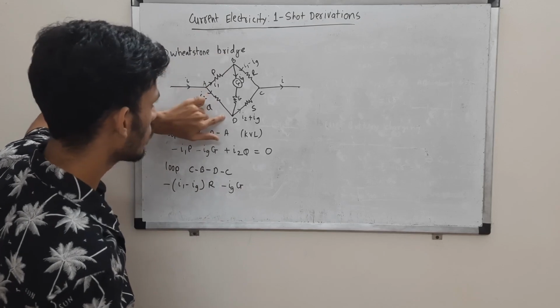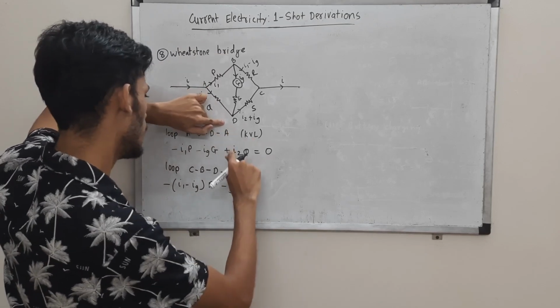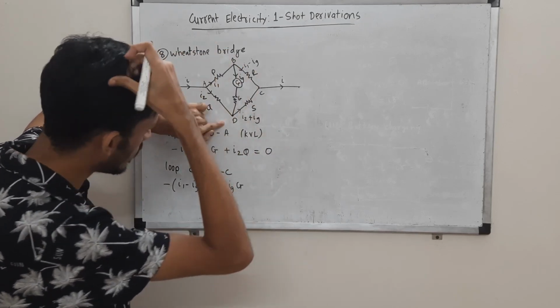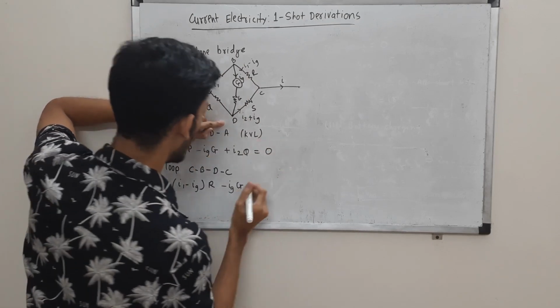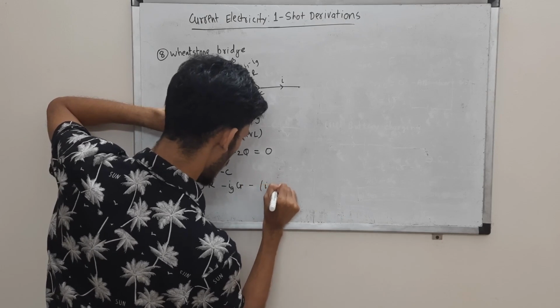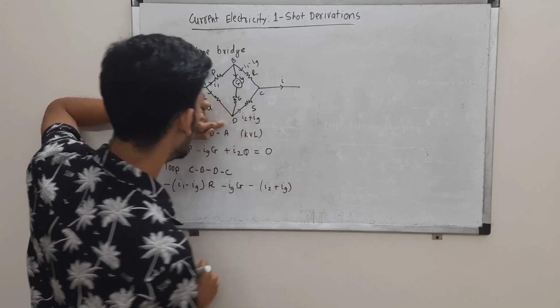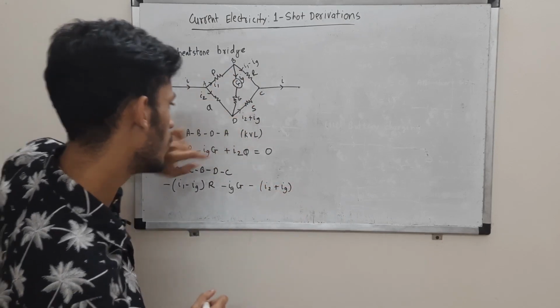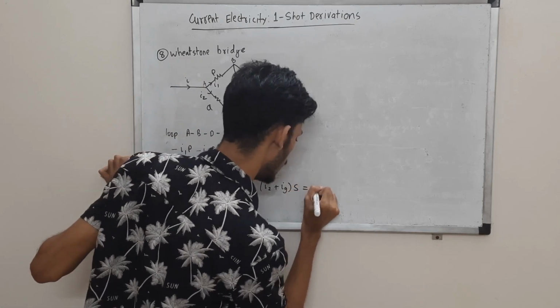Finally we are moving from D to C, in the direction of the current, so again it is negative (I2 plus Ig) into S, is equal to 0.